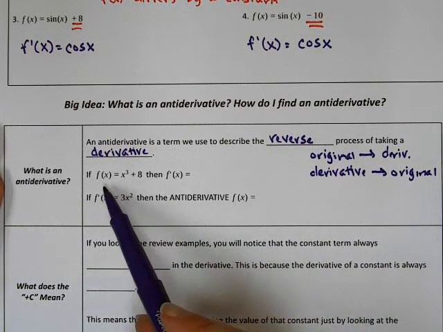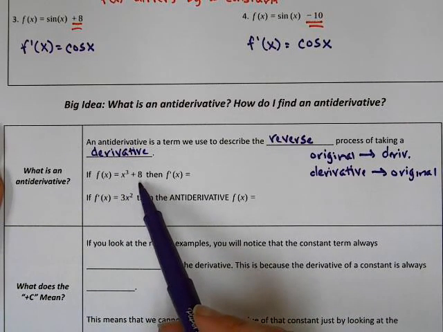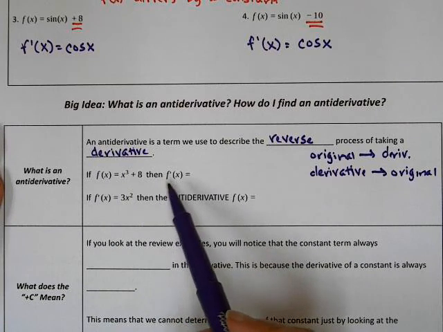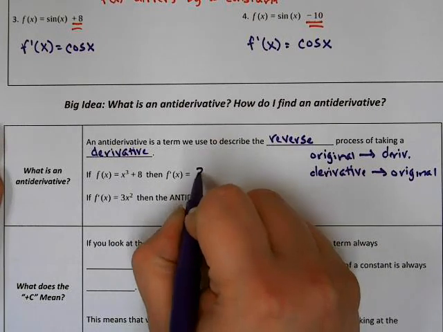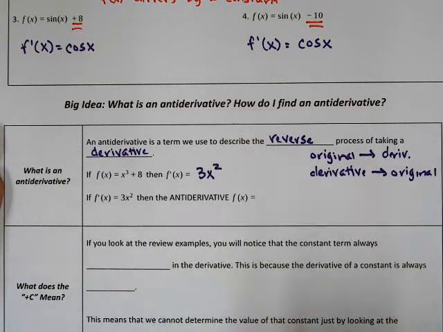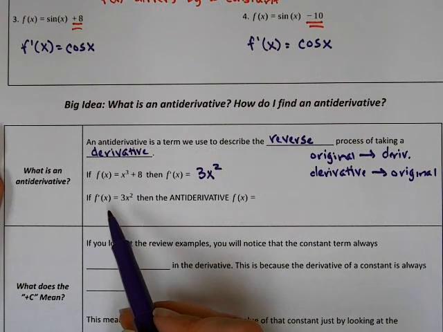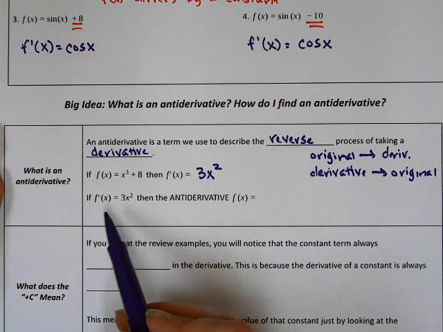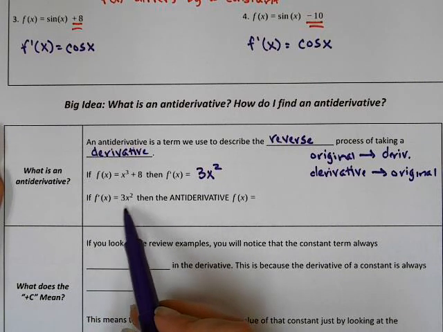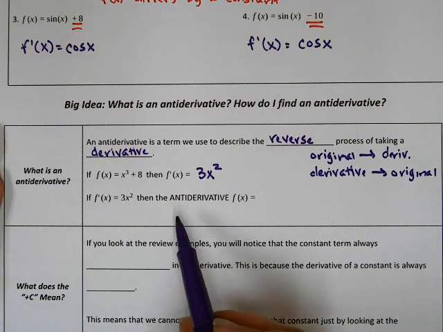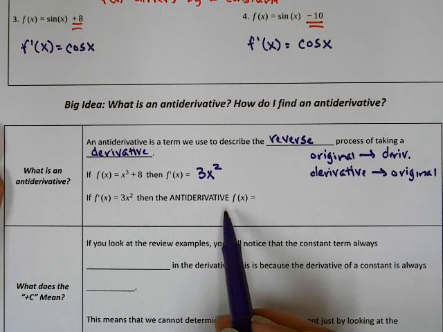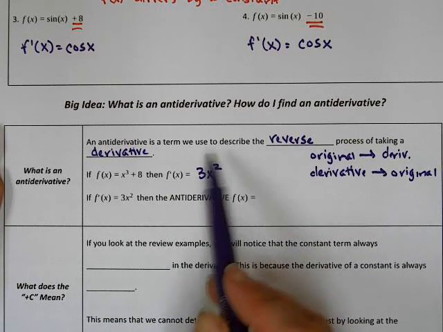So if we've got f of x equals x cubed plus 8, then we know the first derivative, or f prime, is simply 3x squared. So now we're going to start looking at the reverse of this. If f prime of x is equal to 3x squared, then to find the antiderivative of f of x we need to undo this.